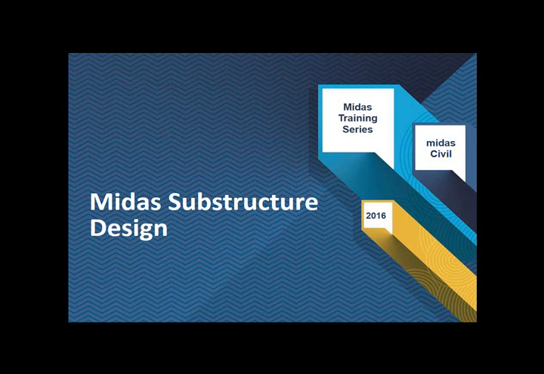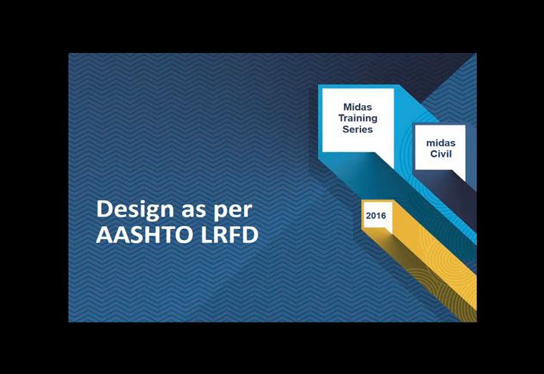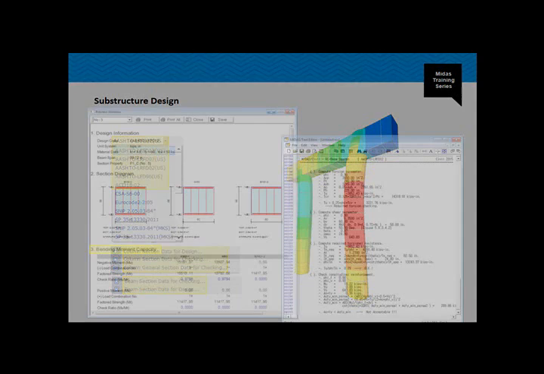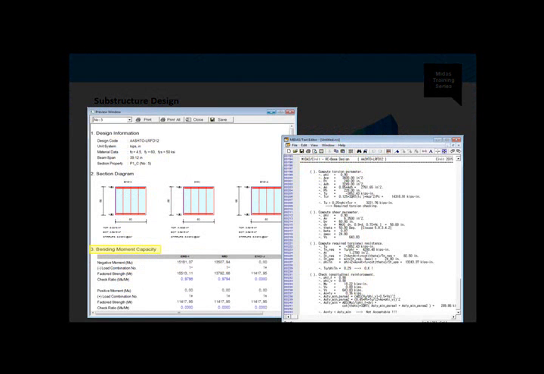Now going into the substructure design, we have in the program the substructure design function as per AASHTO LRFD. So we have implemented the different codes, previous codes and the recent ones, and in the program we can perform the design and we can also do a check.